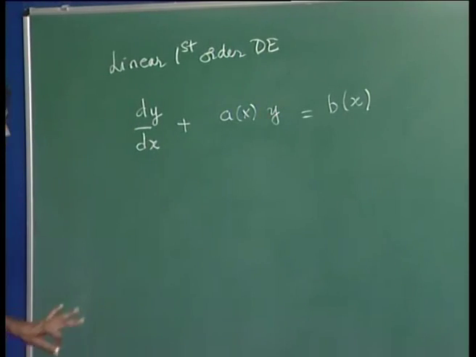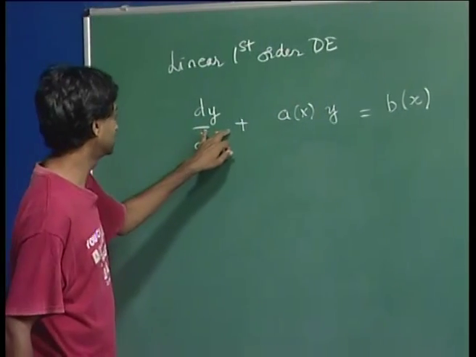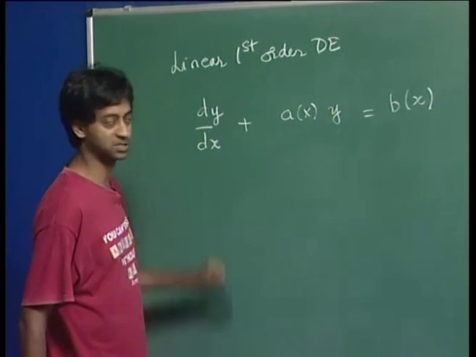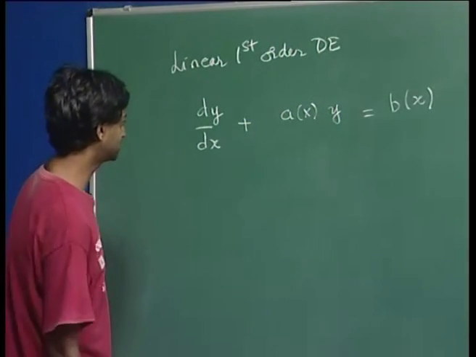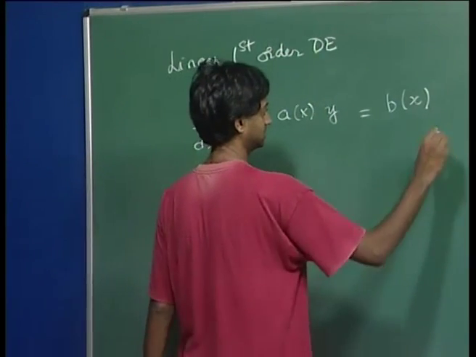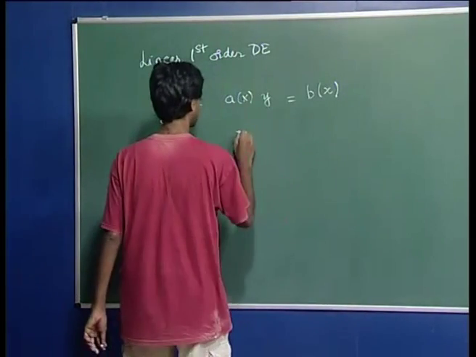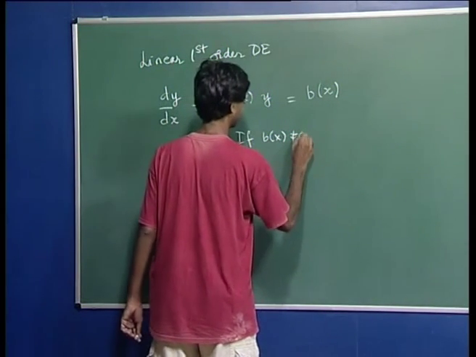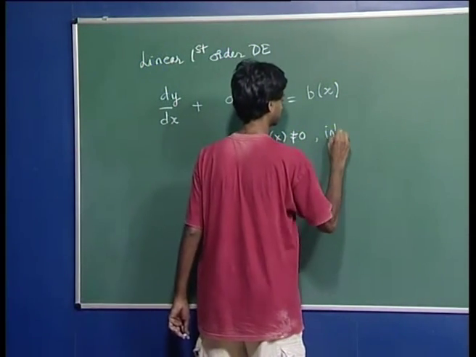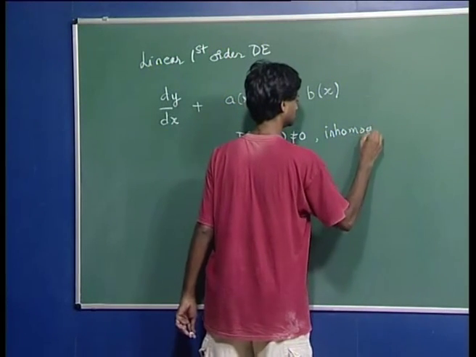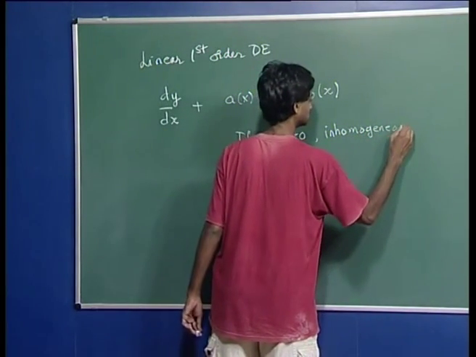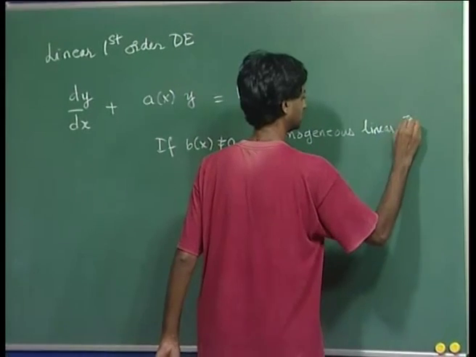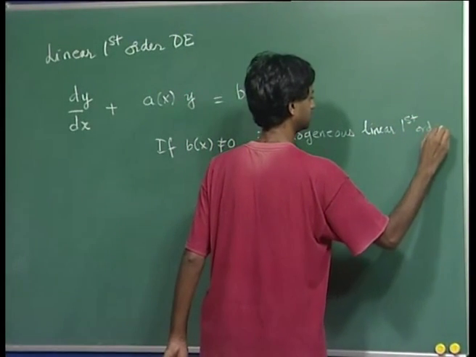So it's linear because each term contains either y or its derivative up to first power. Okay, and this is inhomogeneous. If b of x is not equal to 0, then it is an inhomogeneous linear ODE.